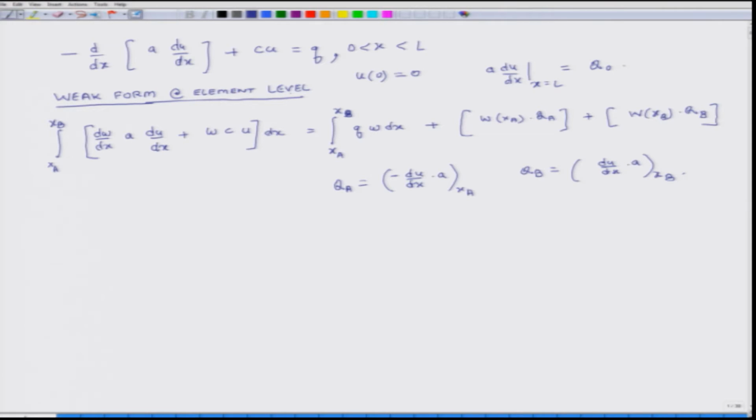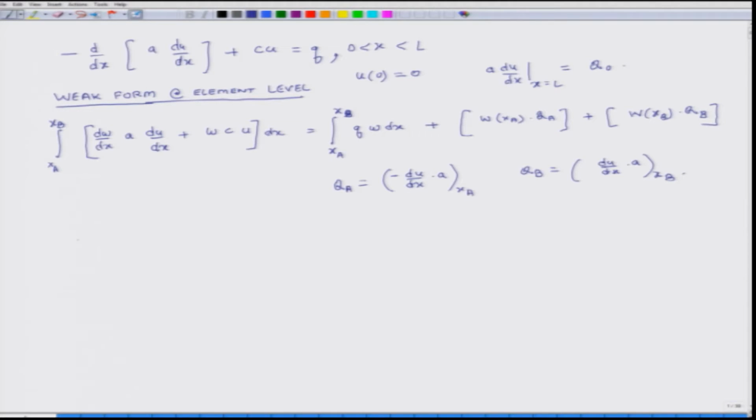Then what we had done was we had developed relations for interpolation functions. We had developed two relations for psi 1 and psi 2 for a linear element, and we also had developed relations for a quadratic element. So, we assume at this stage that u for the eth element is equal to the sum over j of uj psi j.